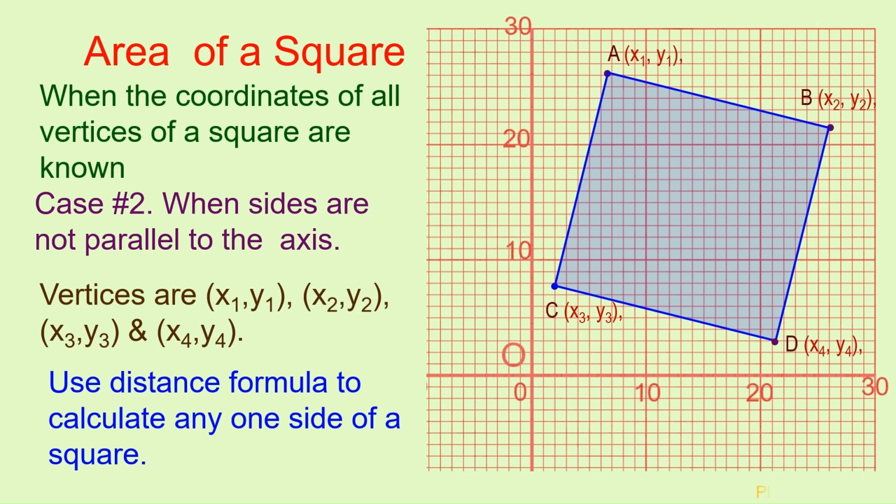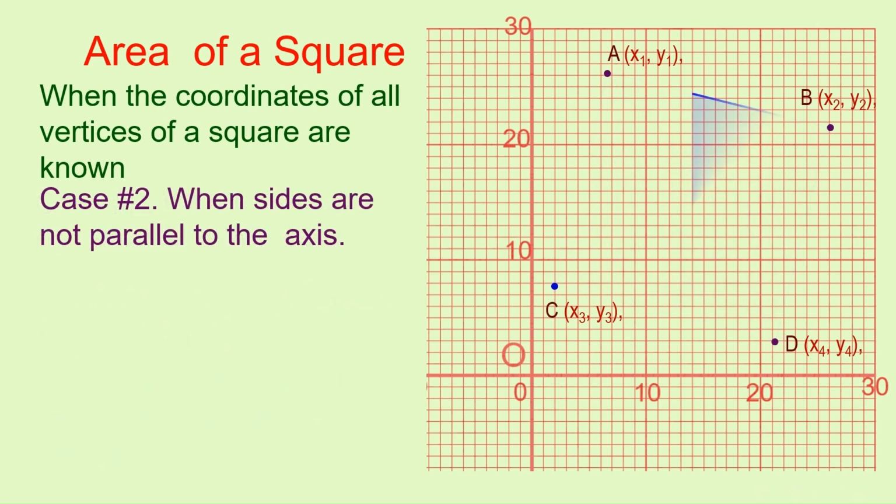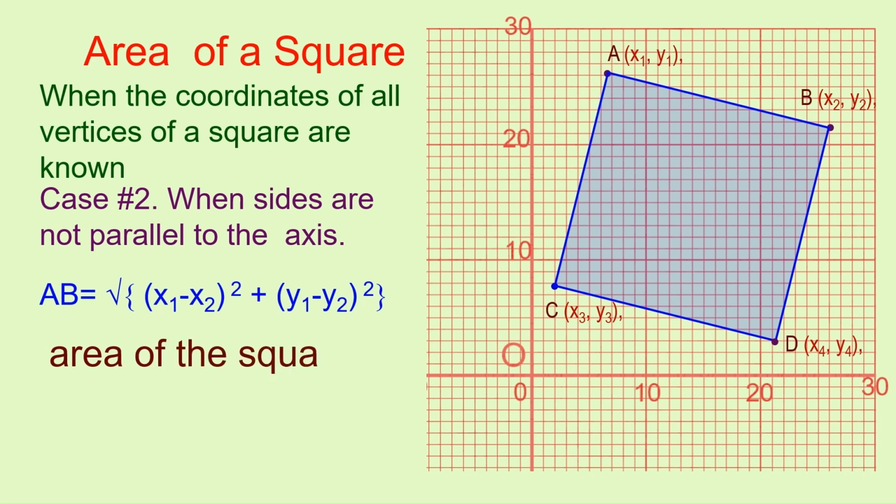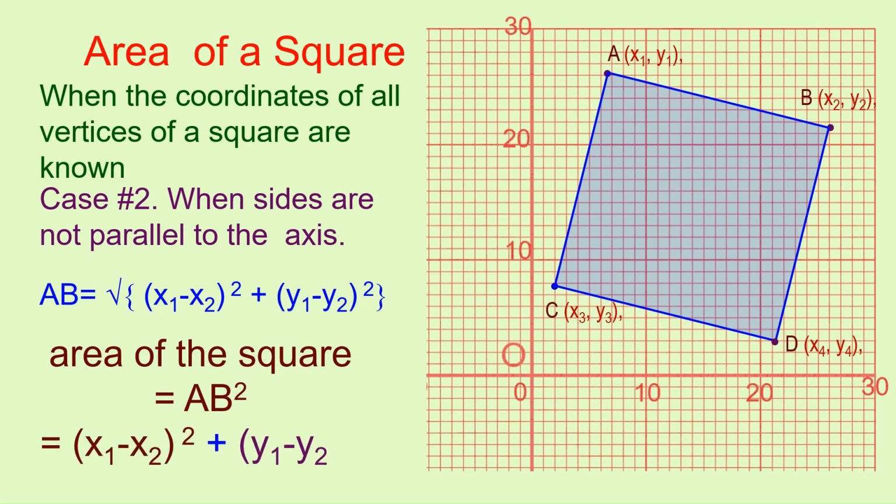Use the distance formula to calculate any one of the sides of a square. Distance formula is AB equals square root of x1 minus x2 whole squared plus y1 minus y2 whole squared. Area of the square equals AB squared equals x1 minus x2 whole squared plus y1 minus y2 whole squared.